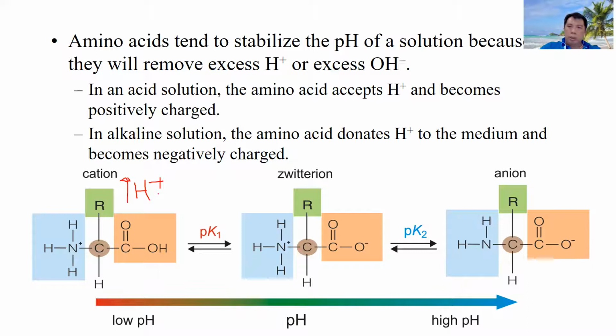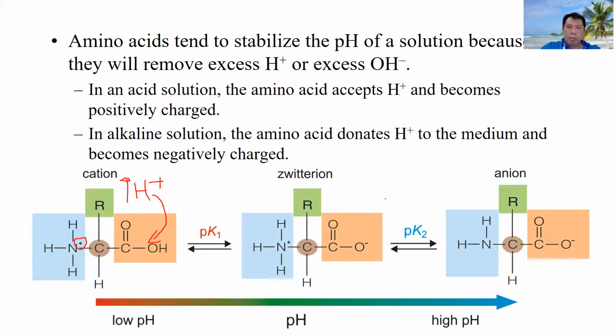In order to resist the change of the pH, these excess hydrogen ions will be accepted by the carboxyl group, so it becomes COOH. Then the amino acid becomes positively charged. So in an acid solution, the amino acids tend to be positively charged.